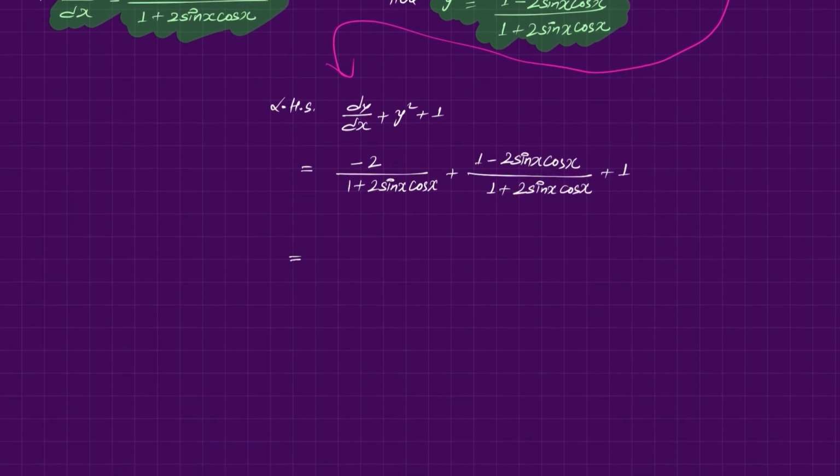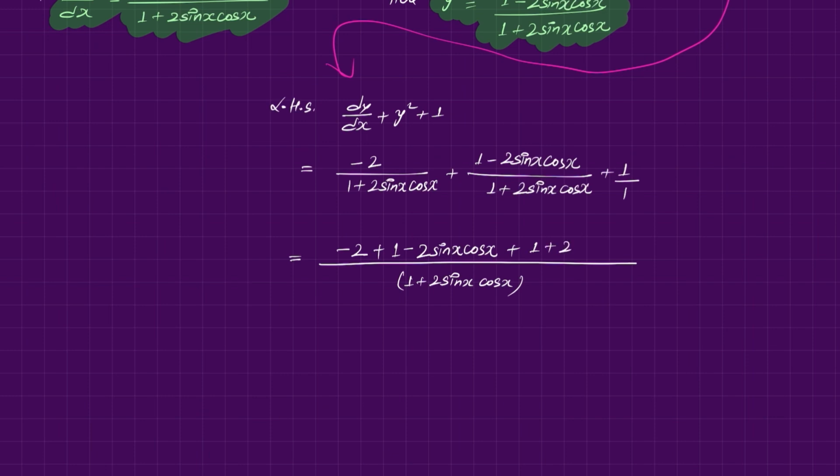Obviously here we will take the LCM. The denominator will be 1 plus 2 sin x cos x, and in the numerator we will have minus 2 plus 1 minus 2 sin x cos x plus 1 plus 2 sin x cos x.